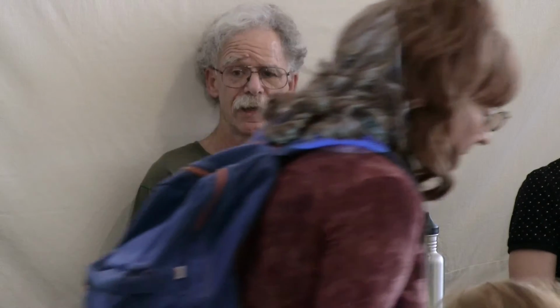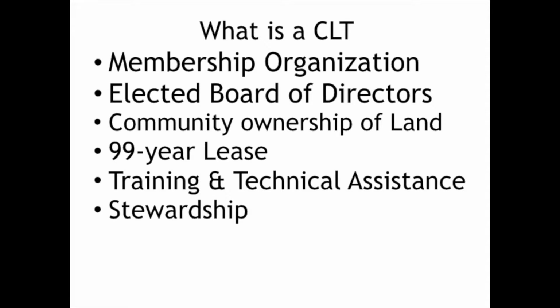The classic model is that the CLT will own the property, either just the land or the entire property. And then the residents get a 99-year lease, which really gives them the right to live there all their lives, as long as they comply with the basic rules that are part of that process.